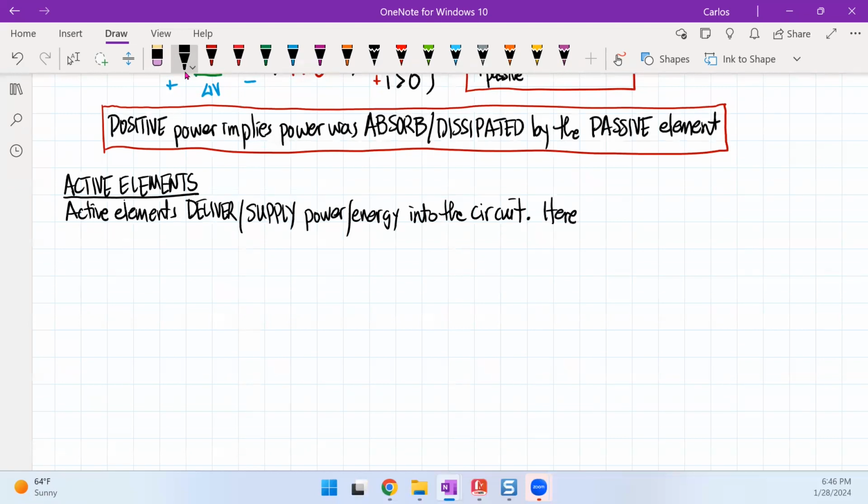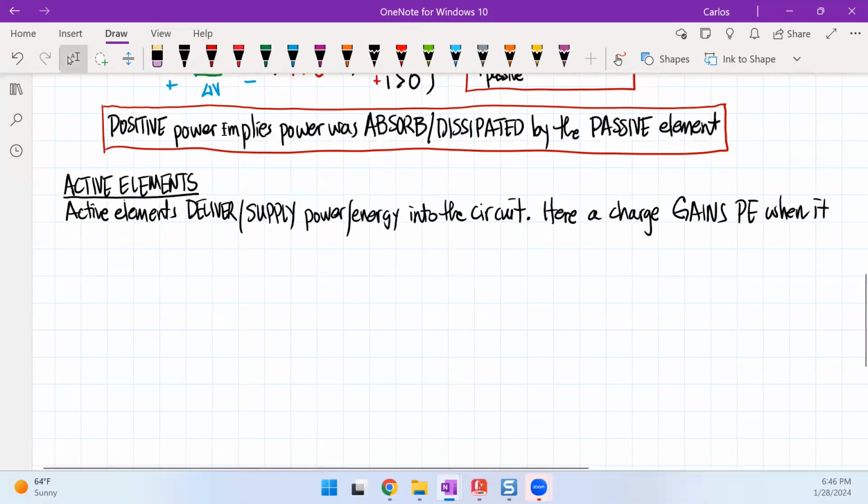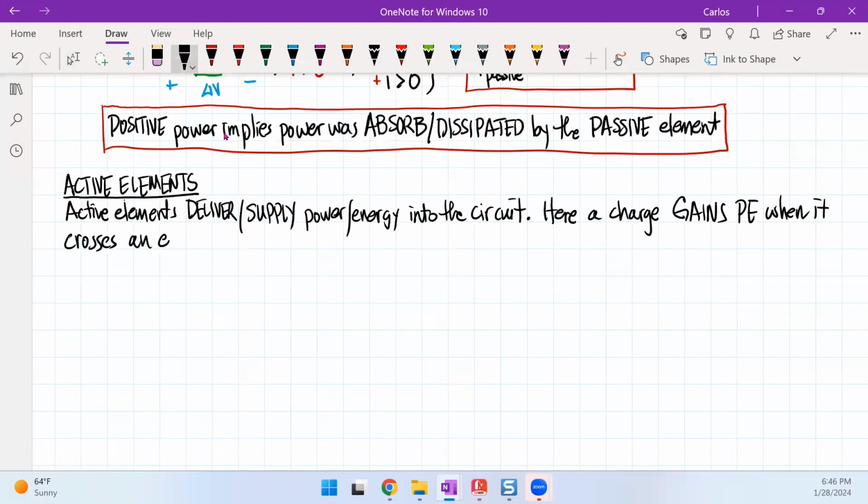Here, a charge gains potential energy when it crosses an element.